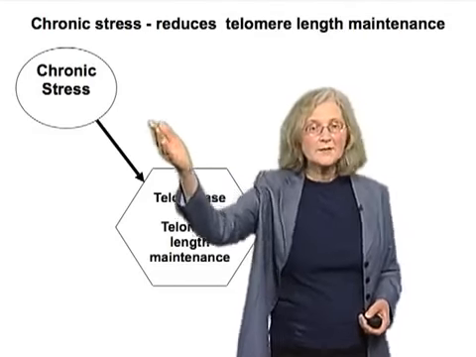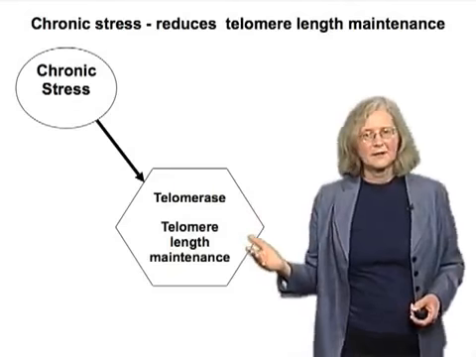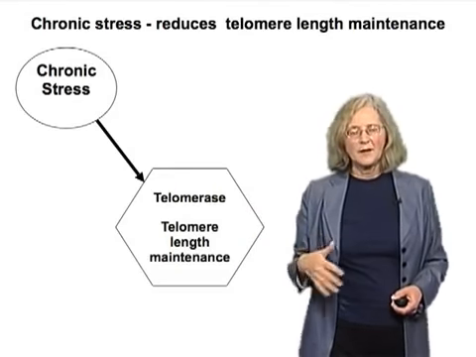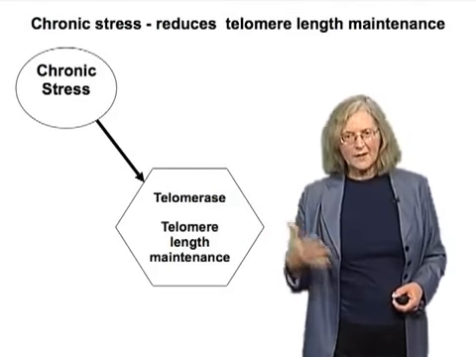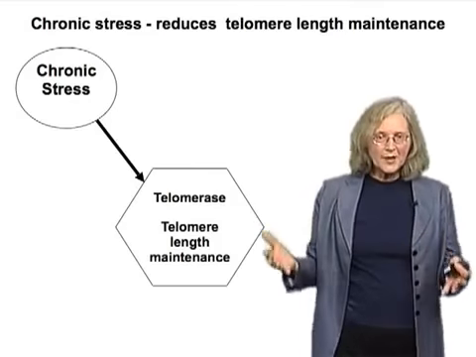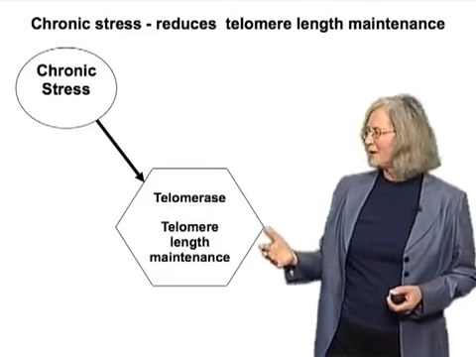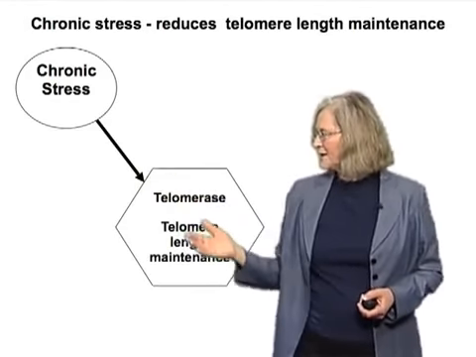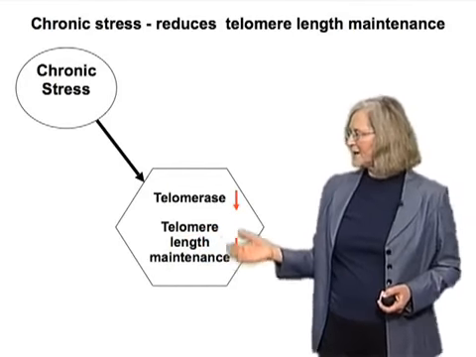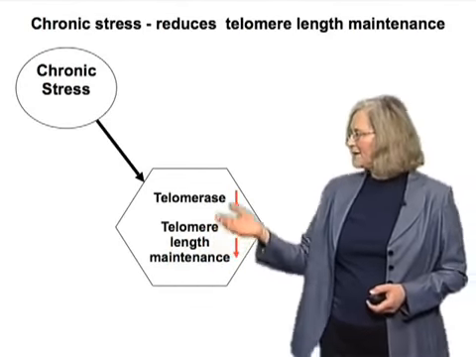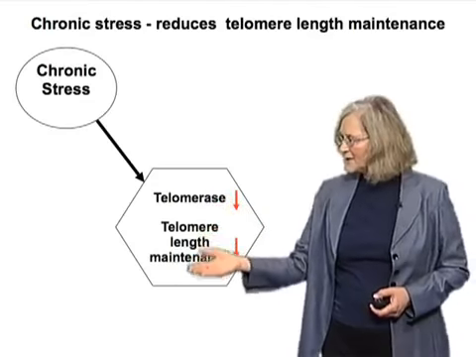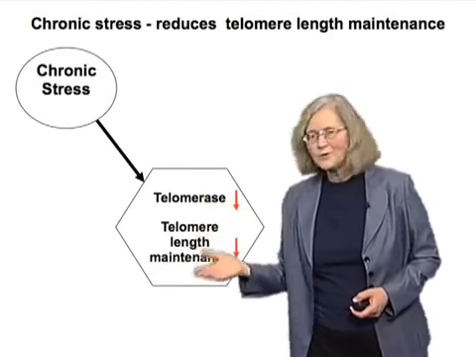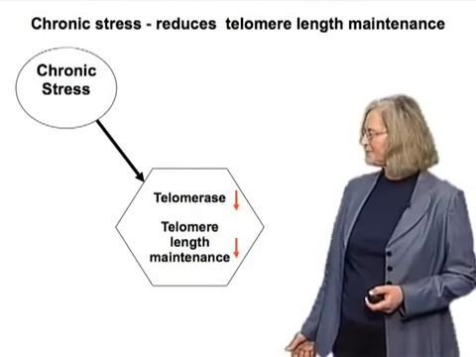This is now years of chronic stress of a particular kind characterized by the difficulties of caregiving in an unpredictable and often uncontrollable situation. Chronic stress is causing lower telomerase and shorter telomeres, and one could predict that the lower telomerase is in fact leading to the shorter telomeres.